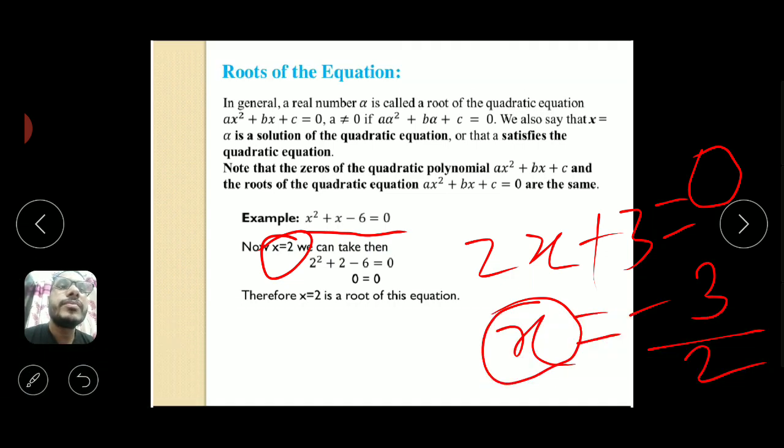That is the zero of the quadratic polynomial, which you have already studied in the previous chapter on polynomials. In the polynomial chapter we studied how to get the zeros of a quadratic polynomial. That is the same as saying x equals alpha is a solution of the quadratic equation, that is, that value will satisfy the quadratic equation.